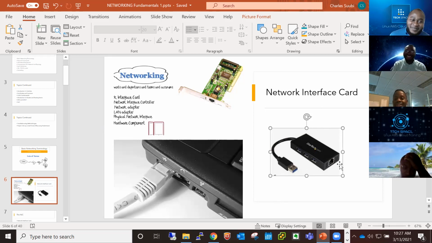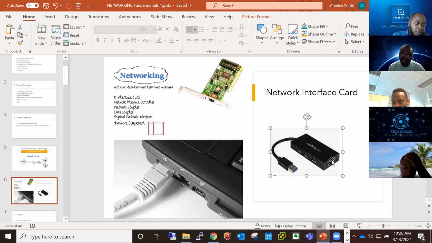All right, guys. This converts the input of an RJ45 to USB, which your device can use. Because we said, guess what? Most of the most recent devices don't have a port for the RJ45, right? So because you don't have that, manufacturers have come up with these simple devices that can help you convert an input from an RJ45 to an input of a USB, which you can plug into your computer.